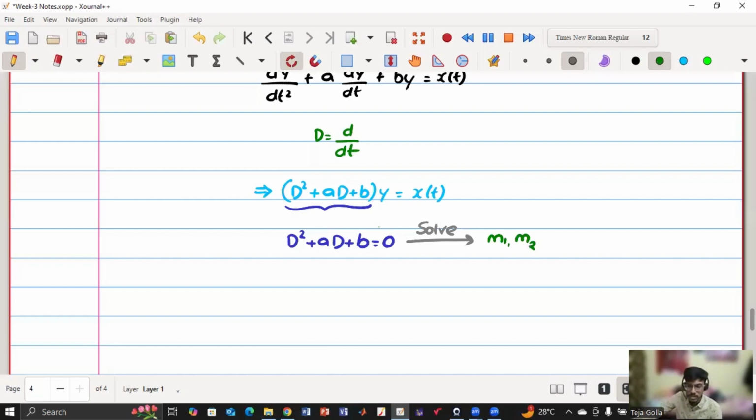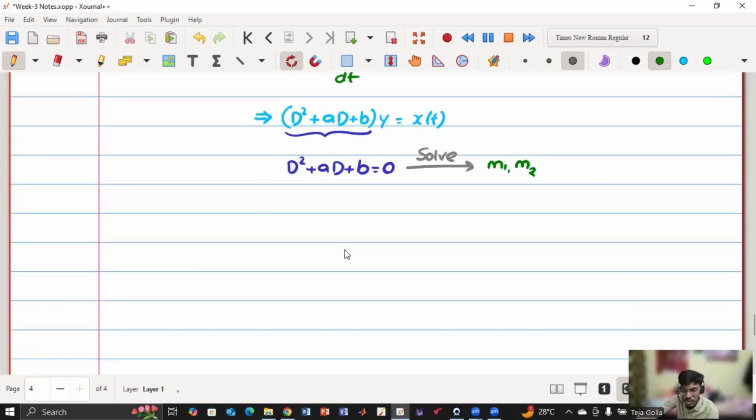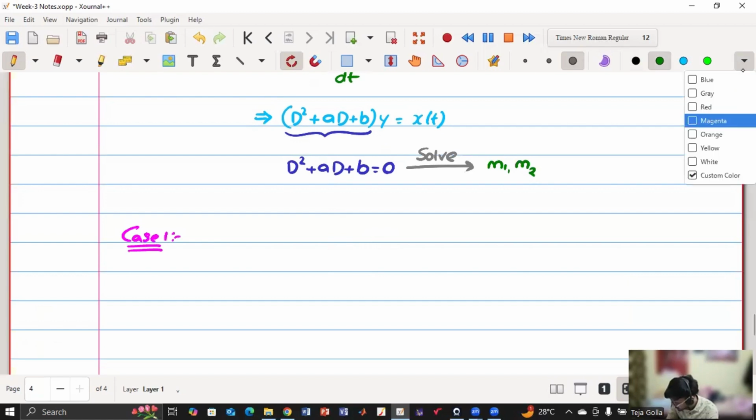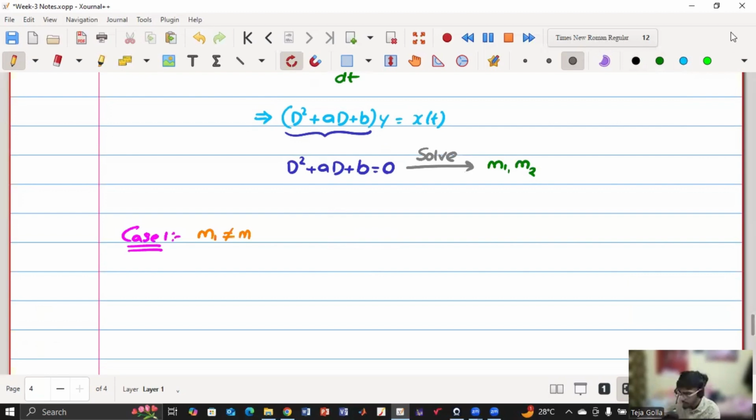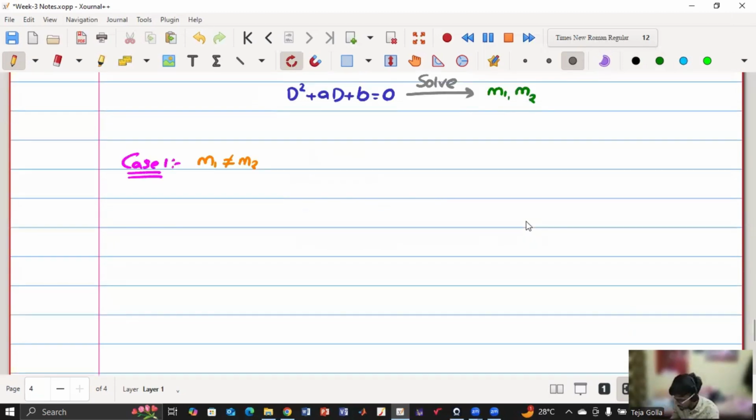Now there can be two cases. One is m1 not equal to m2, and the other is m1 equal to m2. Let us go with m1 not equal to m2. Then our generalized solution will be y of t equals a1 e to the power m1t plus a2 e to the power m2t.